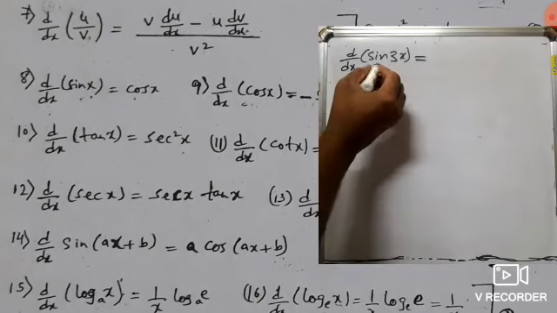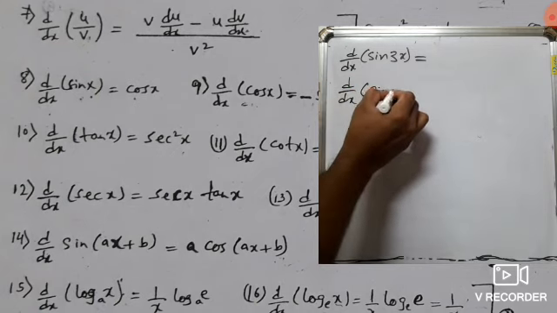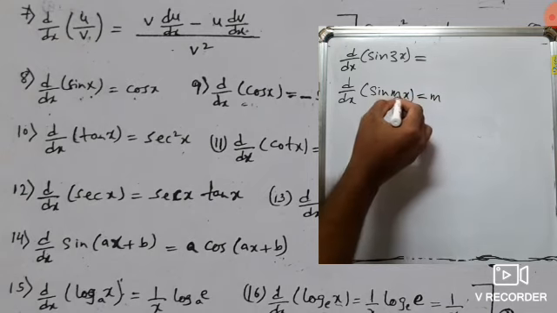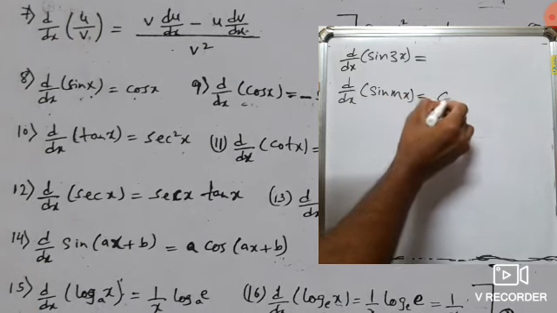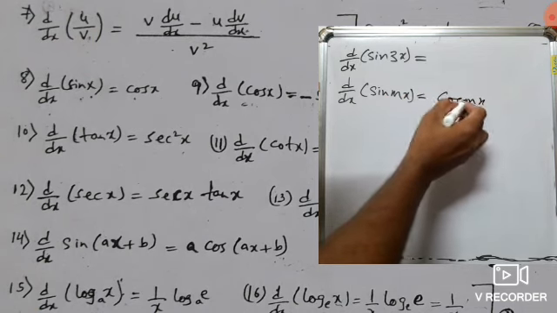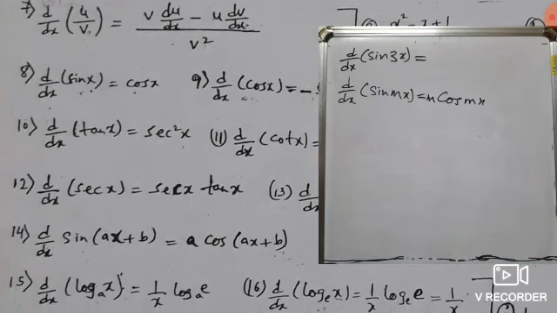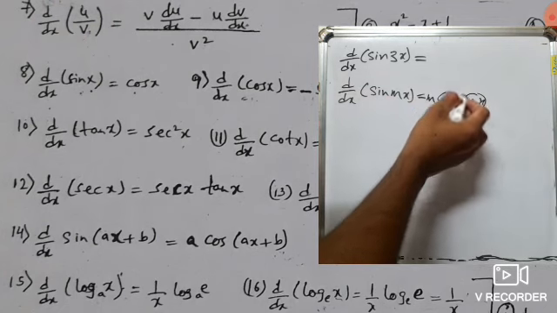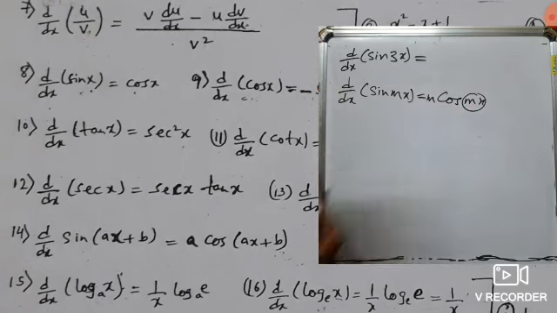So actually the general formula is d/dx of sin mx will give you cos mx with m in front. Sin x is cos x, so d/dx of sin mx will be cos mx. But again this inner part you have to differentiate, so if you differentiate, this m will come in front.